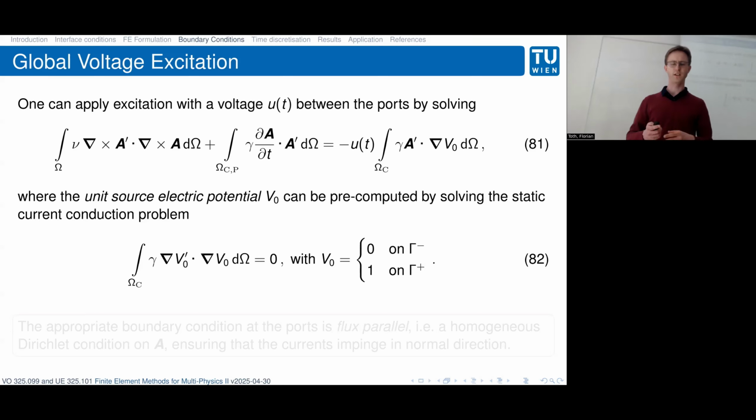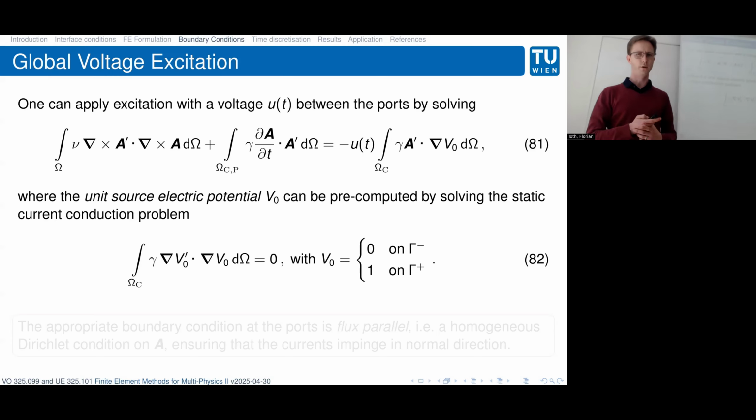So that gives you the V0, you can pre-compute it, and then you feed it into your weak form equation 81 that actually then looks equivalent to an impressed current formulation. The only difference is that you don't prescribe directly the impressed current, but it is computed as U0 times gamma times the gradient of V0.